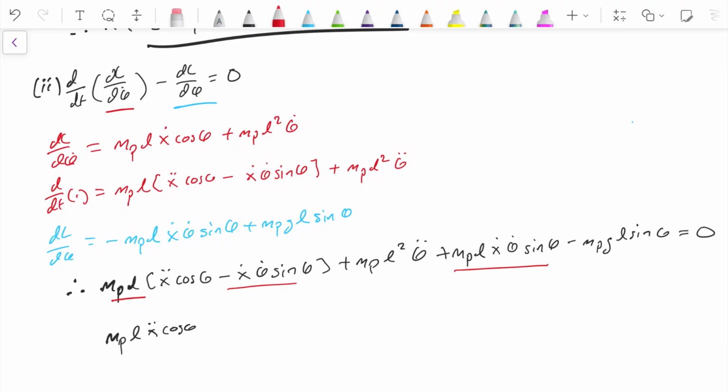Okay, we have x double dot cosine theta here. Okay, MPL squared theta double dot, that stays. And then minus MPGL sine theta.